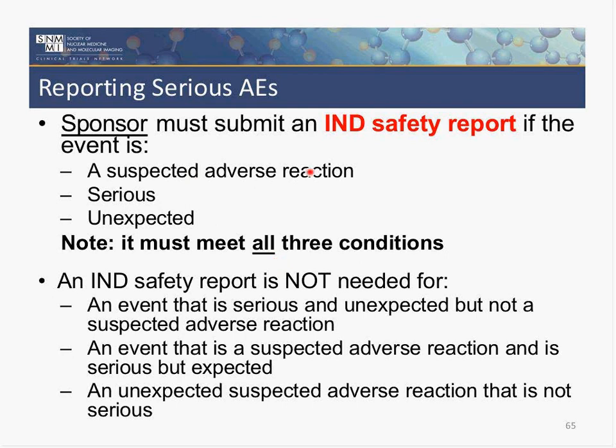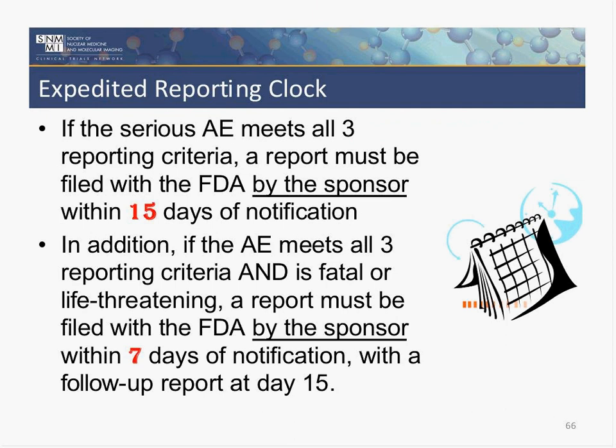So if it's said to be related to the drug, if it's serious by the definition that I gave, and it's unexpected, it must be put into the special report. You don't need an IND safety report for something that's related or suspected to be related to the drug and serious but not unexpected. So it has to meet all three criteria for an IND safety report.